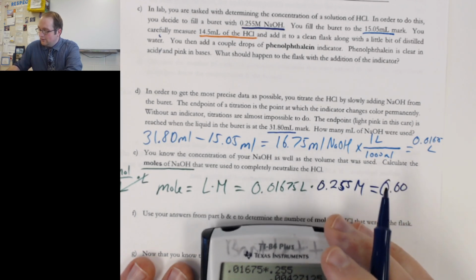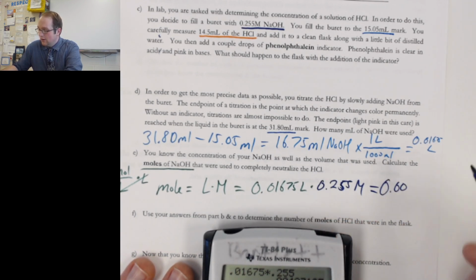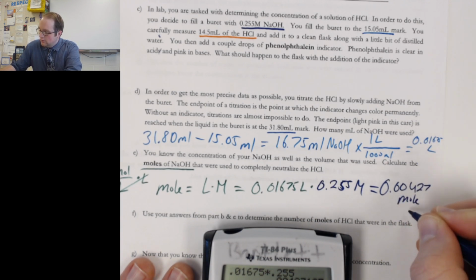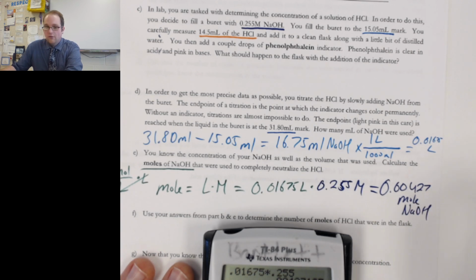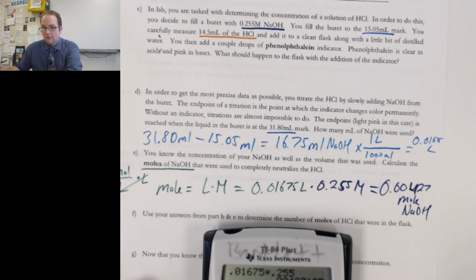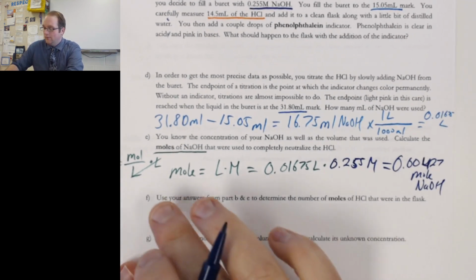I'm going to go ahead and round to 3 sig figs, since all of our numbers so far have had 3 at least. 0.00427 moles of NaOH.